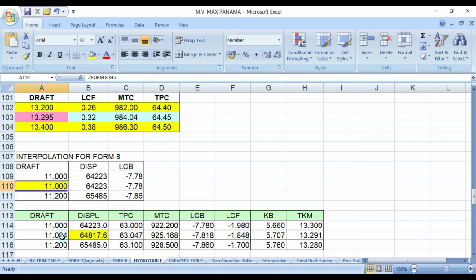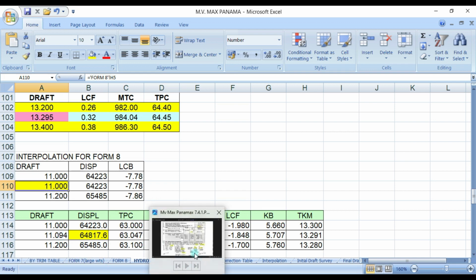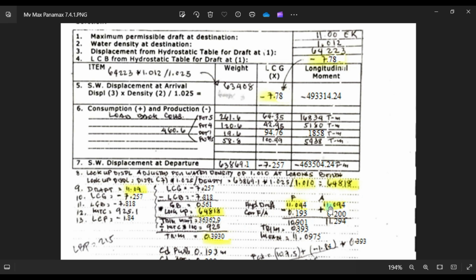The corresponding value will be 11.094 meters. This should be it, and the LCG will be this one. So carry down the LCG here, and you still use this LCG, negative 7257.